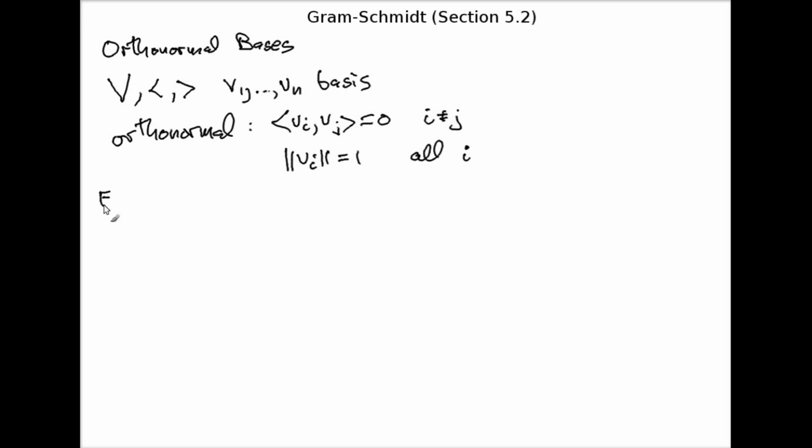And, of course, the standard example is Rn with the usual dot product, and you let Vi be 1 in the ith place.